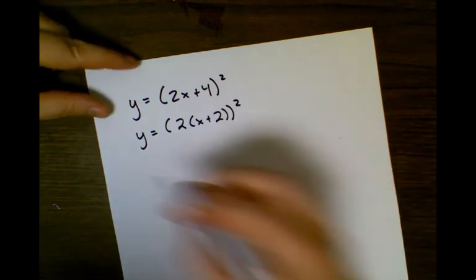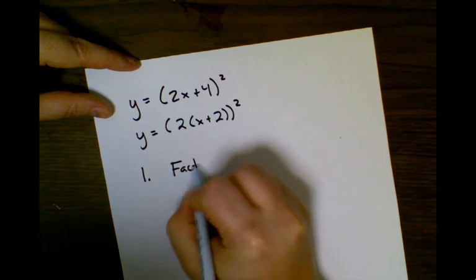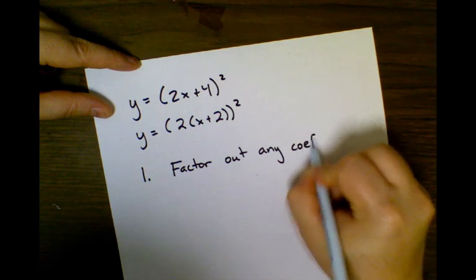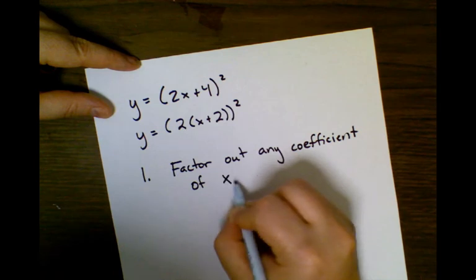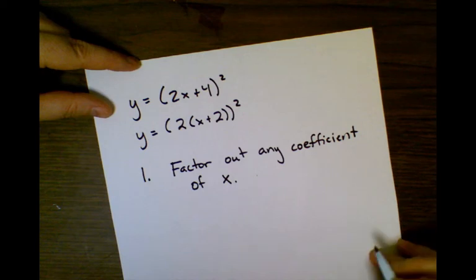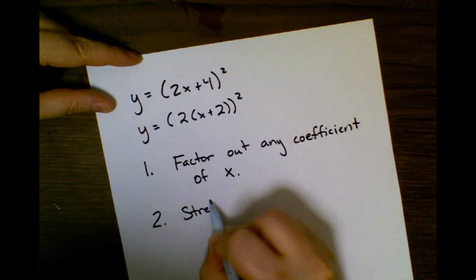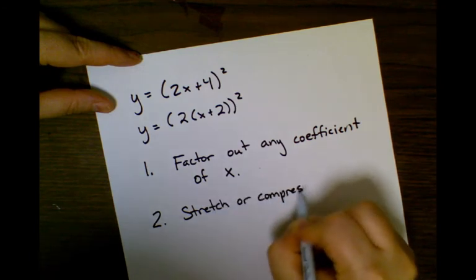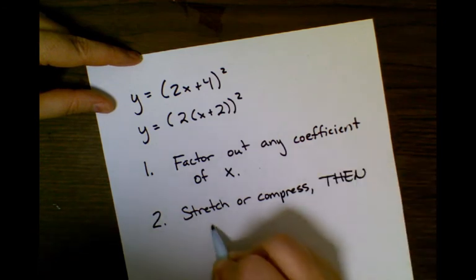So, let me make a list. Factor out any coefficient of x. Now that you have that coefficient factored, go ahead and stretch or compress, then shift.